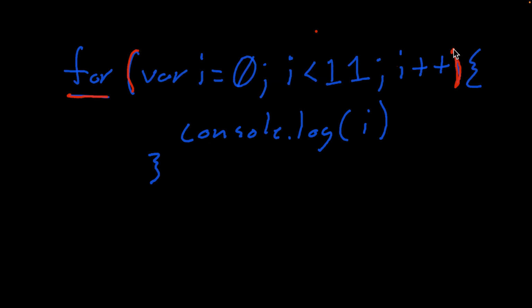It's the parameters. Anything that goes in here are the parameters. Okay, anything that goes inside the curly brackets here, this is where the function does what you tell it to do.